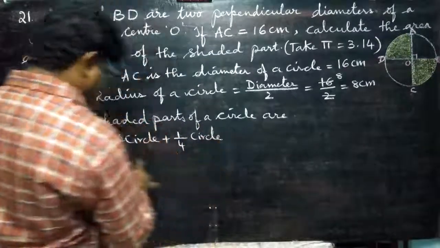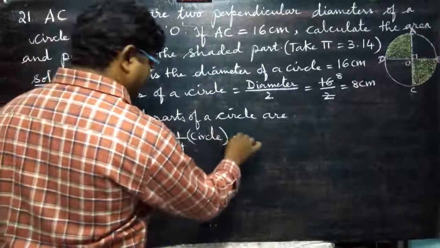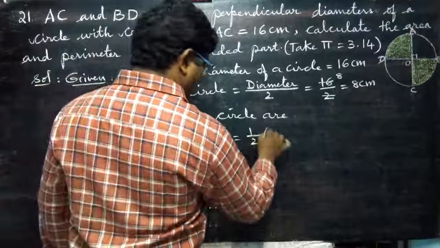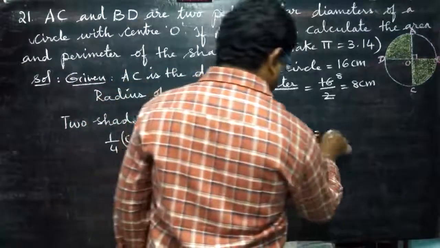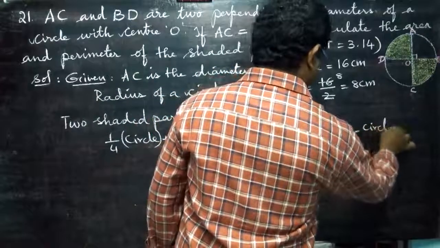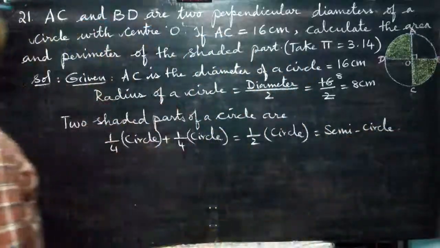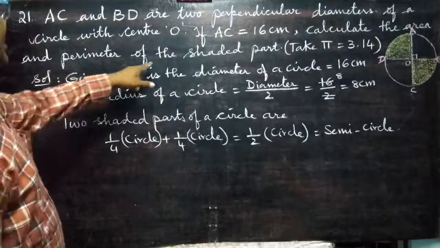So 1/4 of a circle and 1/4 of a circle will be equal to half of the circle. We call it a semicircle. Now find area. They are asking to calculate the area and perimeter.